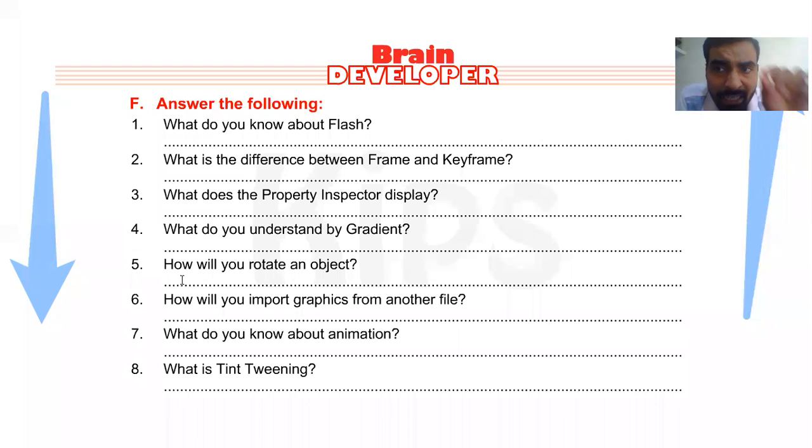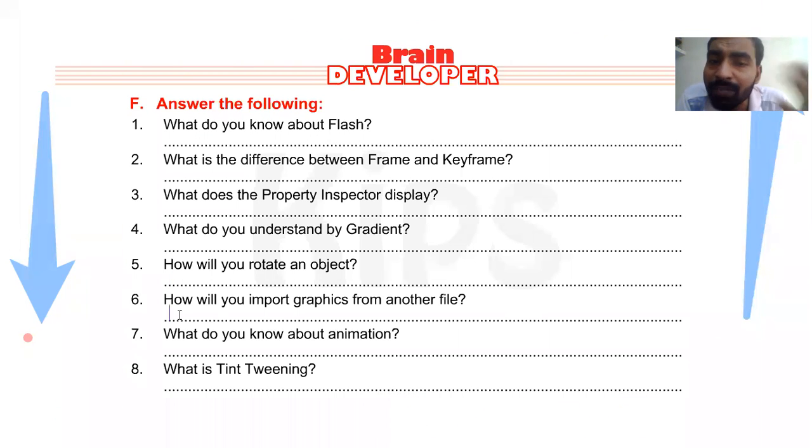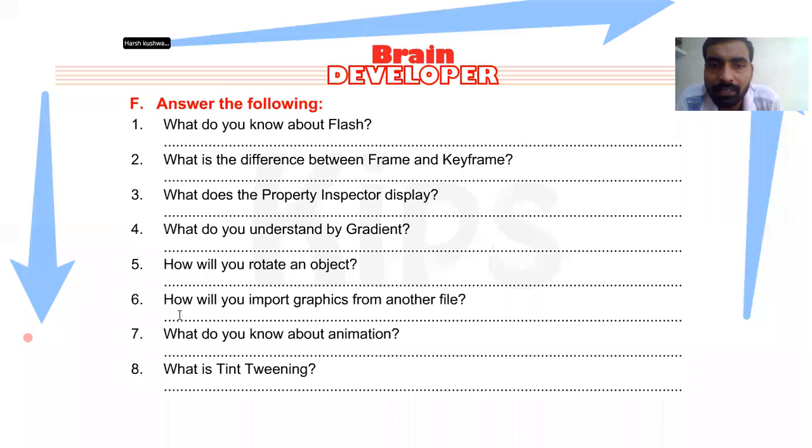So we can select the rotation handle and drag the object clockwise or anti-clockwise. Then sixth question, how will you import graphics from another file? This is a long step that you can read from the book, okay?